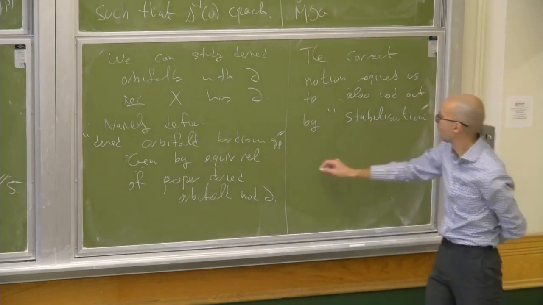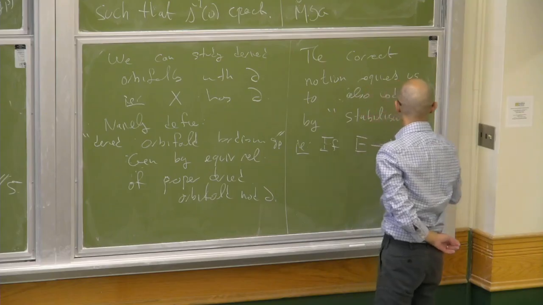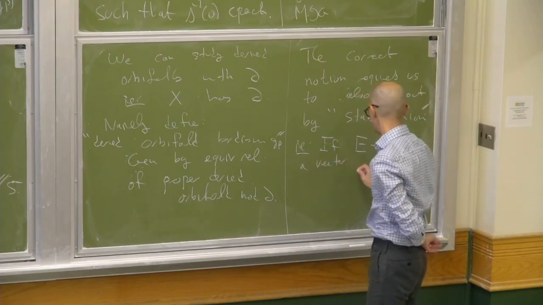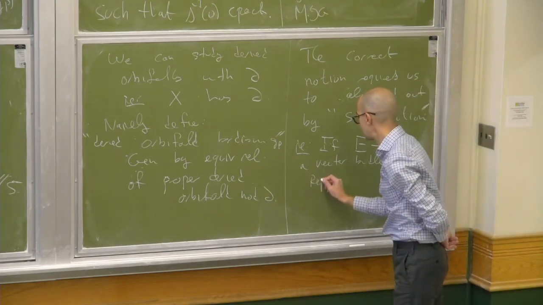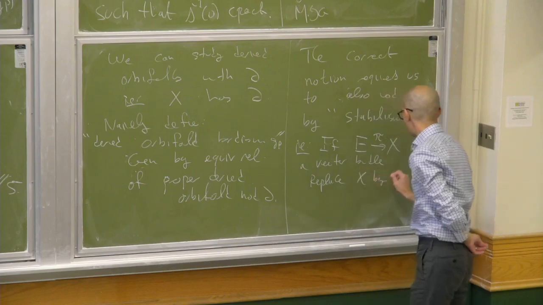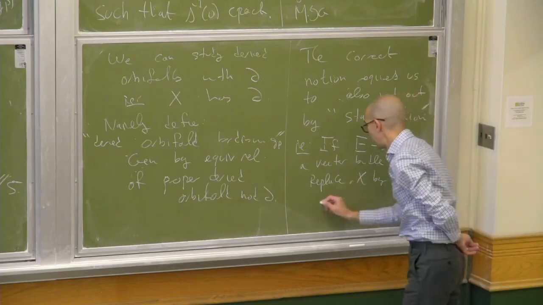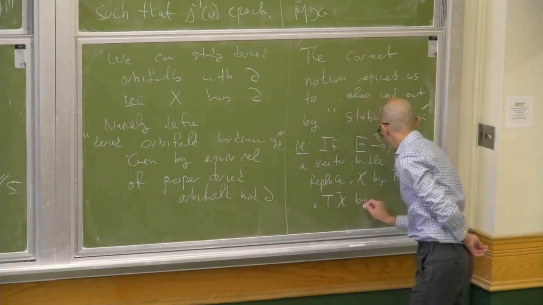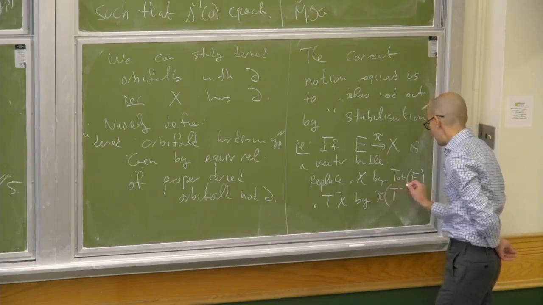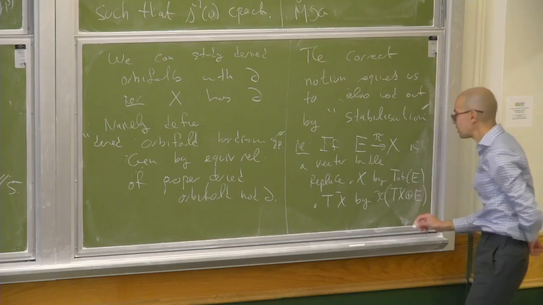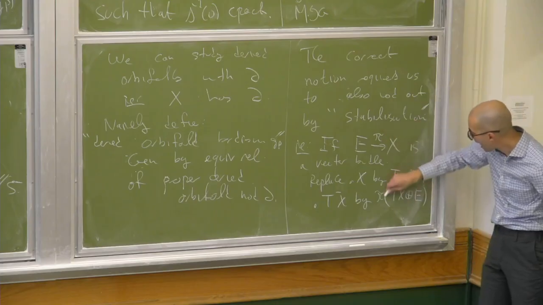So stabilization just means, if E over X is a vector bundle, let's call this pi, then we can replace X by the total space of E, and we can replace T minus X by the pullback of T minus X, direct sum E. So I add E to my total space, and I add E to this negative part.